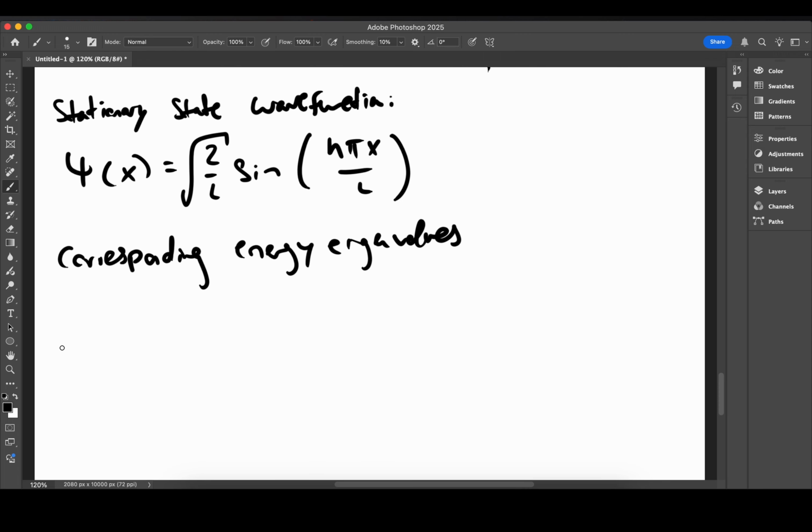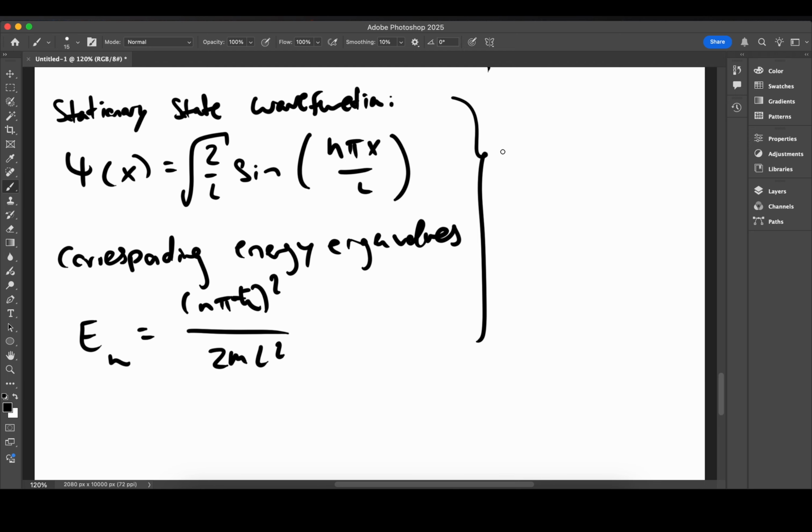Writing is not very good on this little tablet I have, and we just say that with subscript n. That's just h bar n pi, all squared, over 2m L squared. That is an h bar. And then we're done, and I'm just going to finish this by saying n is a positive integer here, and I use this notation for that because it's nice and compact. And that's all. That's all you have to do.